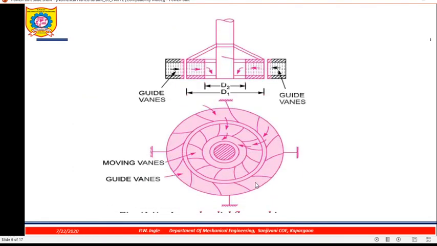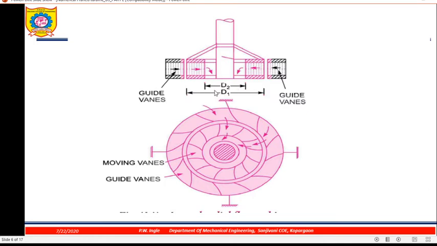Okay. Now here you see in case of Pelton turbine, what was the equation for discharge? Q equal to area into velocity. So area is what? It is area of nozzle, that is pi by 4 d square into velocity V1. But here you see Q equal to pi D1 B1 Vf1 equal to pi D2 B2 Vf2.